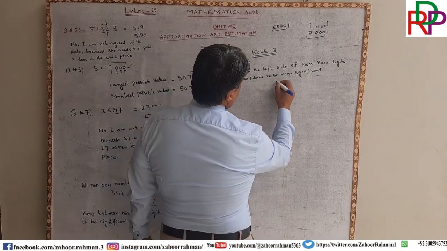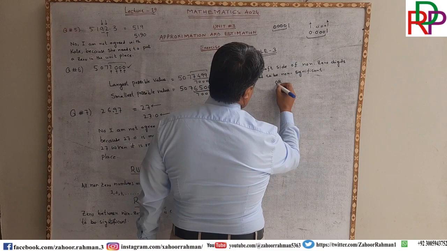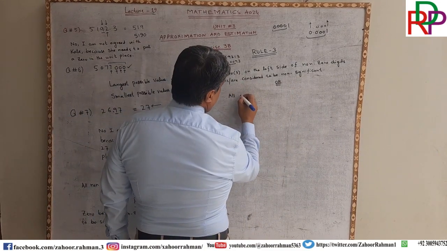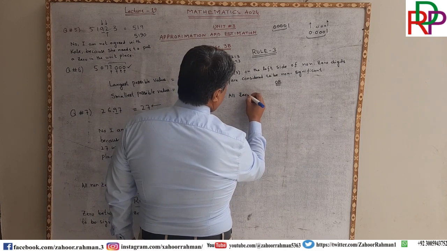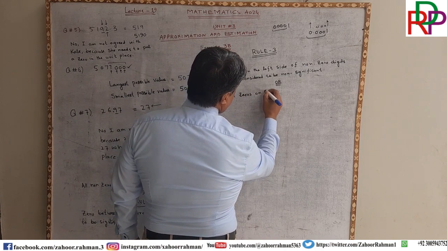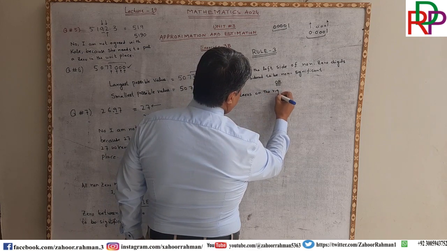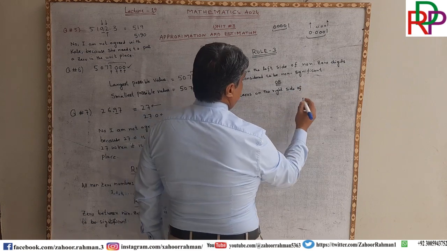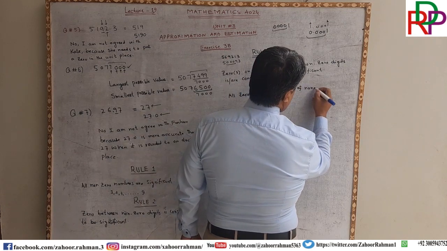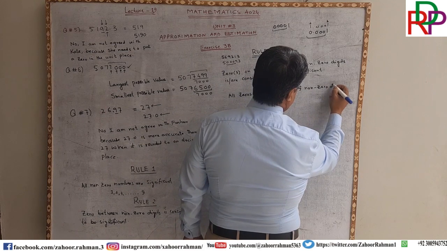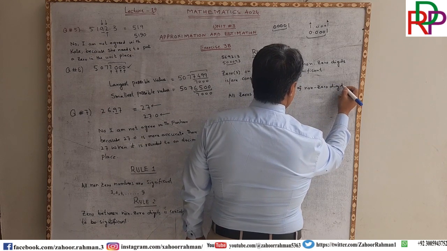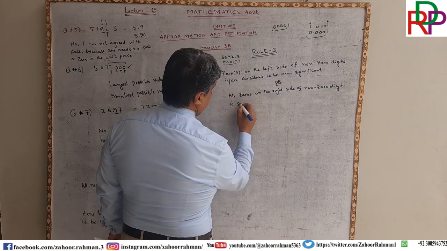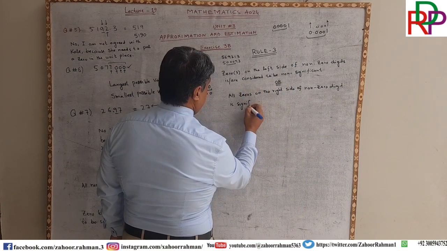So in other words, in rule number 3, we can say that all zeros on the right side of a non-zero digit are significant.